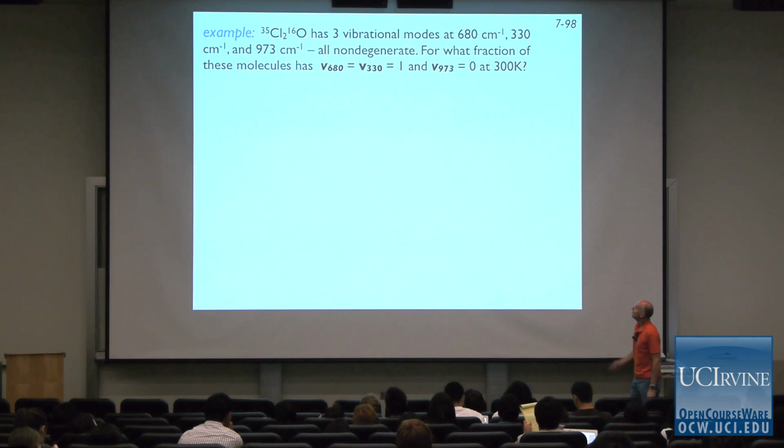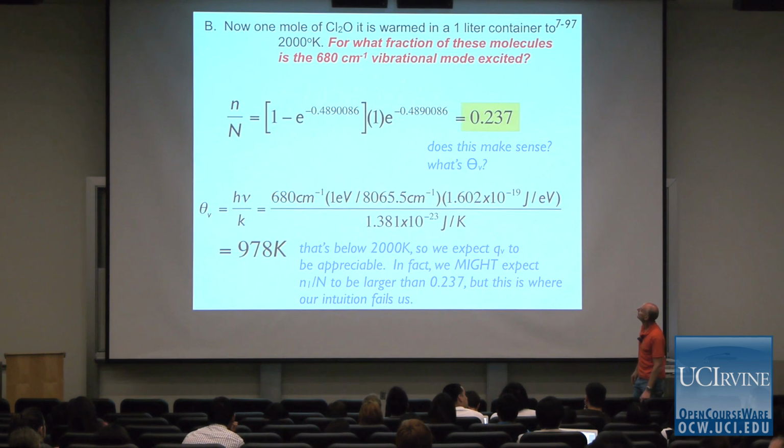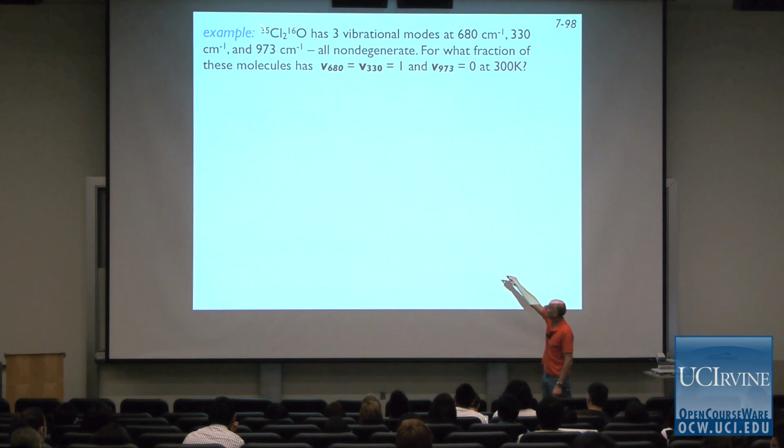Now, what if we did... everybody remember, by the way, what these numbers up here, these superscripts in front of the element, are? I didn't use them here, but now I'm using them. What is that 35 right there?